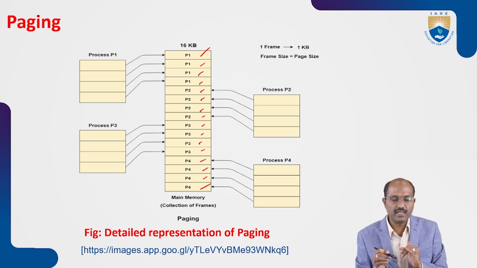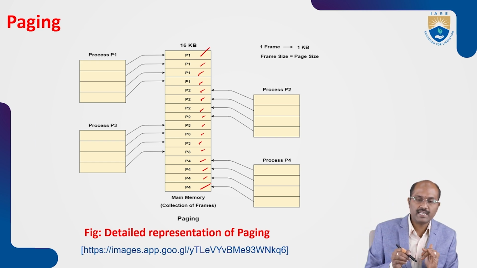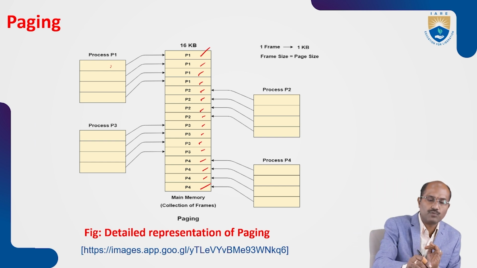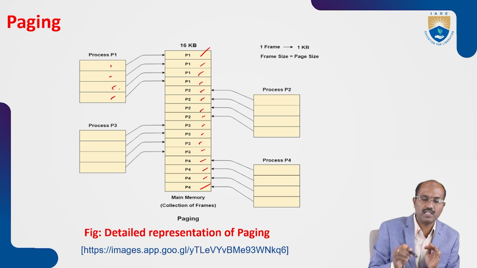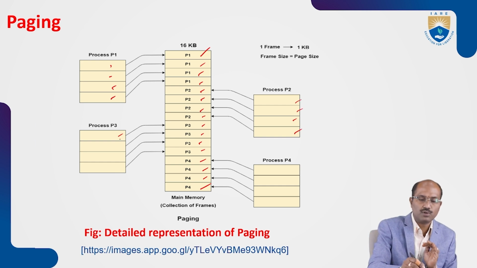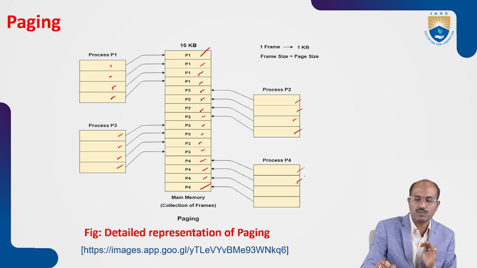The main memory is a collection of frames. Process P1 has 4 pages, 1, 2, 3, 4. Similarly P2 has 4, P3 has 4, and P4 has 4.